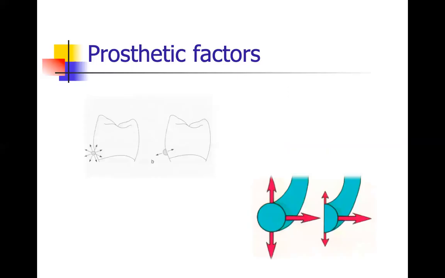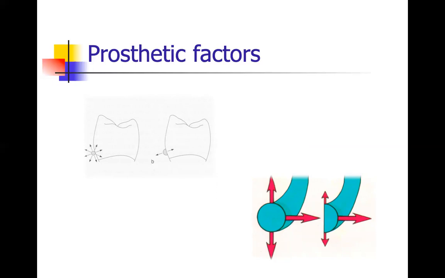Round cross-sectional form of the clasp is able to flex in all directions. In the case of half-round form, flexibility is limited to only one direction. This one, half-round.